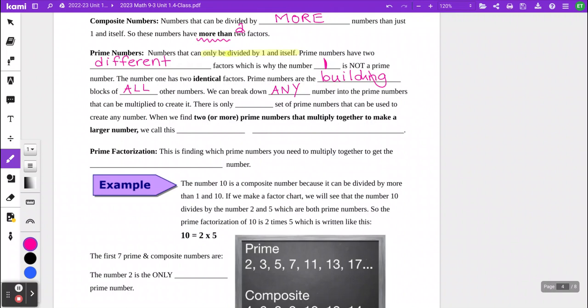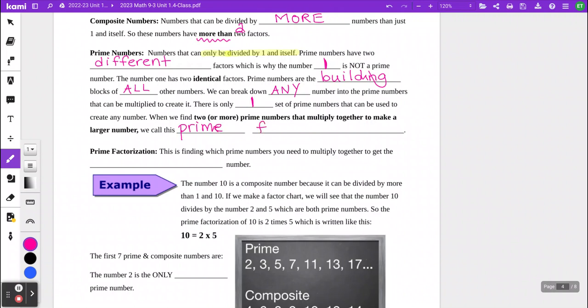Okay. So any number can be broken down into prime numbers that multiply to create it. There is only one set of prime numbers that can be used to create any number. When we find 2 or more prime numbers that multiply together to make a larger number, we call this prime factorization.